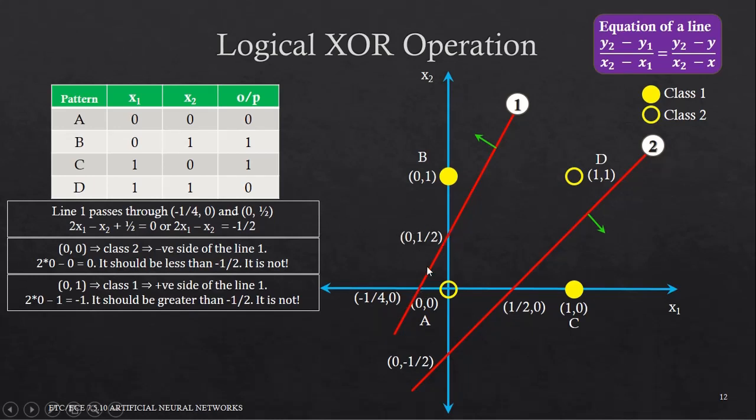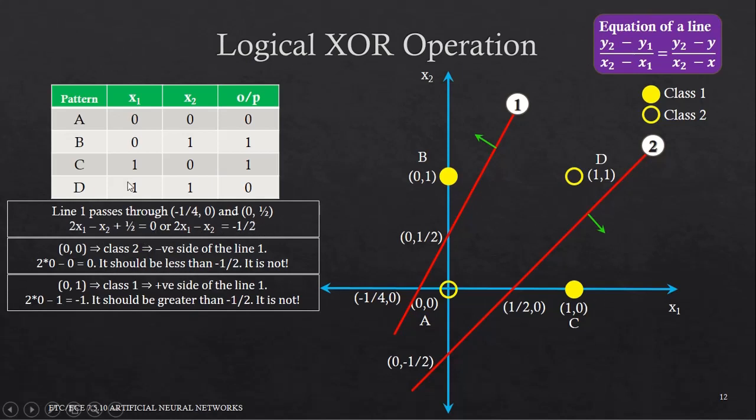Therefore, using the formula for the equation of the line, we get the equation 2x1 - x2 + 1/2 = 0, or 2x1 - x2 = -1/2.